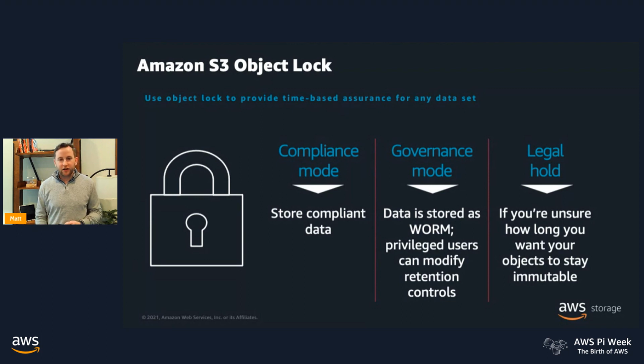S3 Object Lock provides 2 ways to manage object retention: retention periods and legal holds. A retention period specifies a fixed period of time during which an object remains locked. During this period, your object is WORM protected and cannot be overwritten or deleted. A legal hold provides the same protection as a retention period, but it has no expiration date. Instead, a legal hold remains in place until you explicitly remove it.